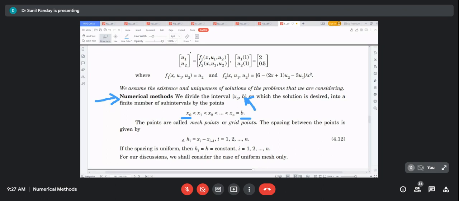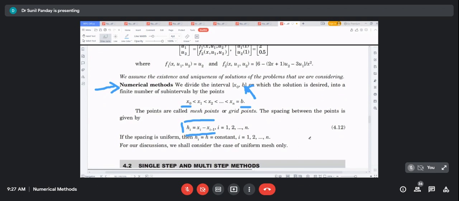How we divide: if you take any xi minus xi minus 1, you will get h. We generally take this uniform spacing, and whatever method we discuss, we discuss for uniform spacing.